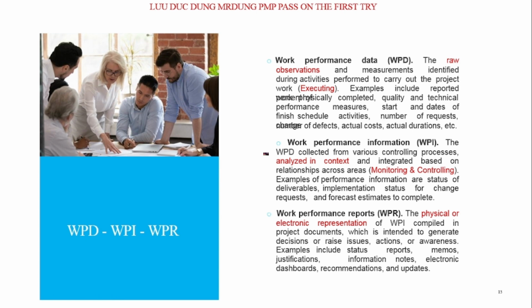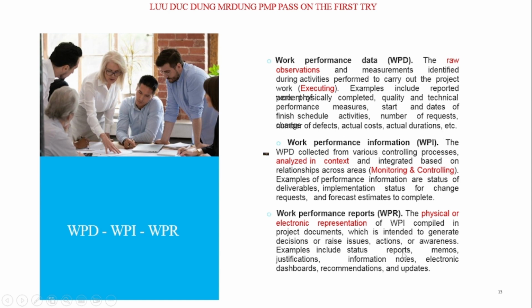So for work performance information, we can remember that from the raw data we collect from various controlling processes, we analyze it in context, so it is information. By collecting many raw data and analyzing, and through monitoring and controlling, we have information here.